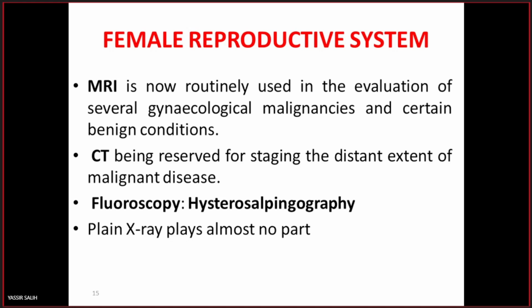MRI we still use for evaluation of many gynecological malignancies and also benign conditions. يعني مثلا patient عندها suspected مثلا CA ovary or مثلا عندها patient present with fibroid, which is a benign condition.